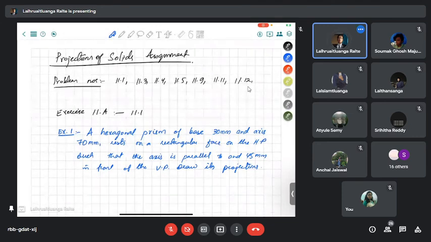Anyone? What happens when it is parallel to both the planes?